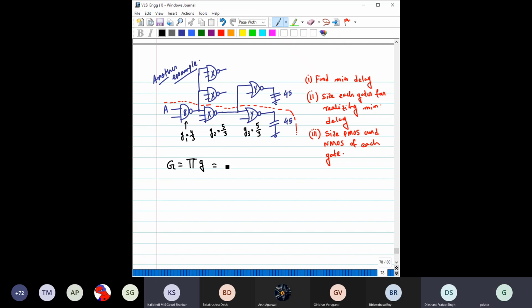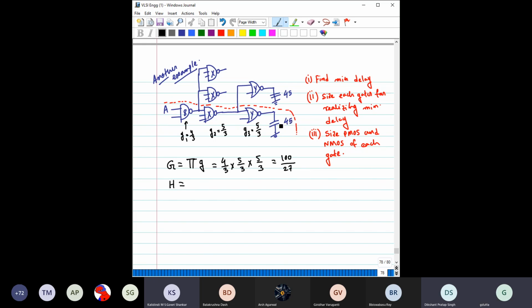4 by 3, 5 by 3, 5 by 3, right? So it is 100 by 27. Then the path electrical effort along this path, what is this effort?